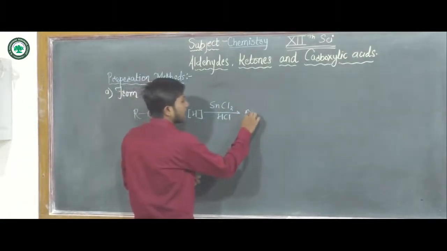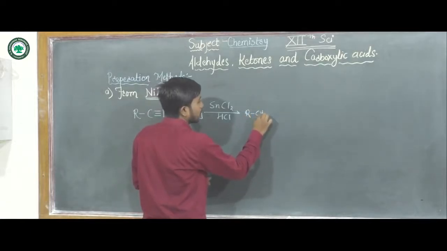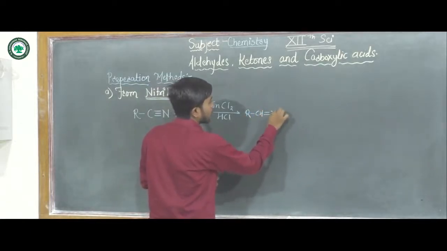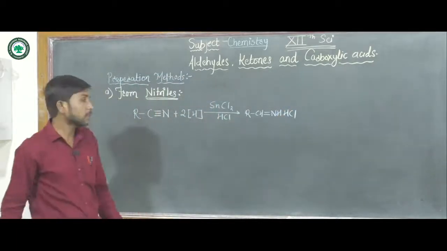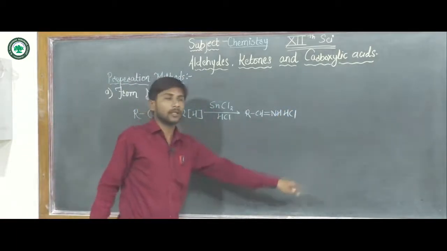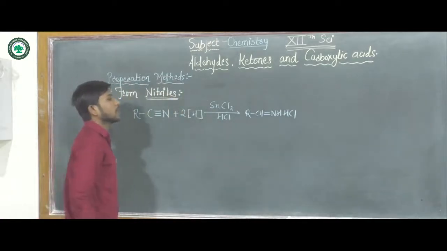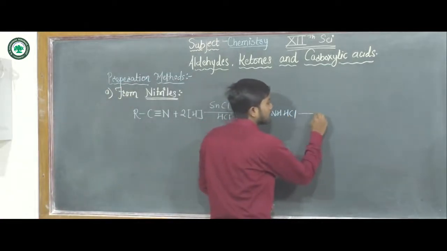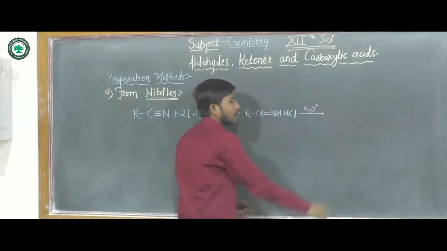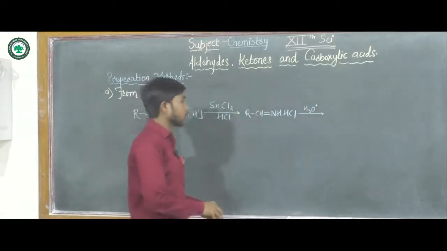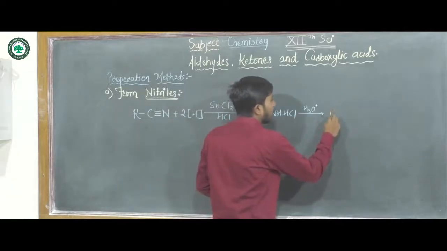That is RCH=NH, HCl. These are the imine hydrochlorides, and these imine hydrochlorides on acid hydrolysis give the corresponding aldehydes.